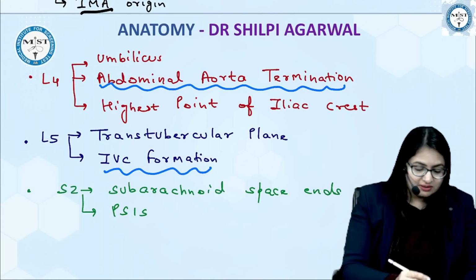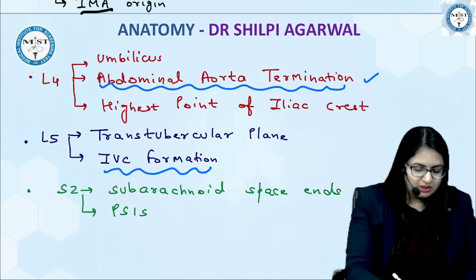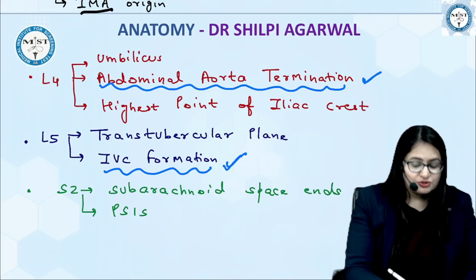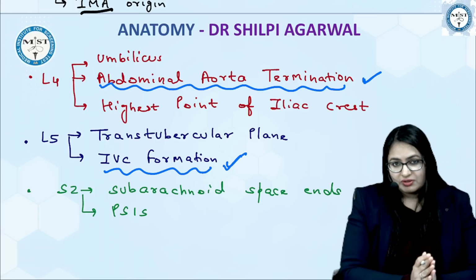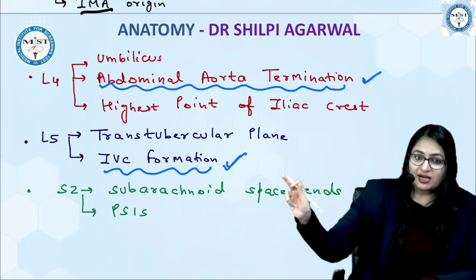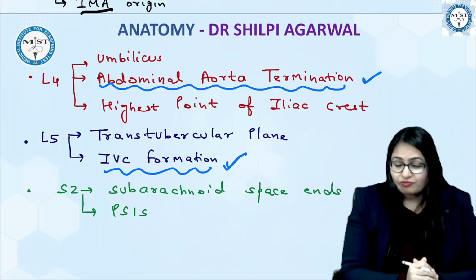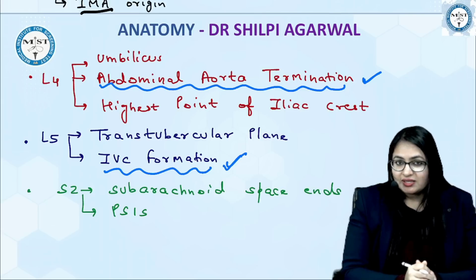L5. These two new points are very important, which can come as a question. Abdominal aorta termination at L4 and IVC formation at L5.